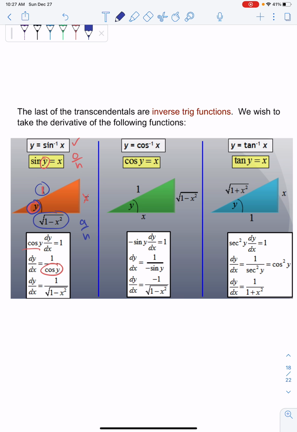So that's why cosine changes to root 1 minus x squared. Anyway, we don't need to worry about proving them. They're actually pretty easy to prove with the picture. They're a little bit harder to do if you don't draw the picture first.